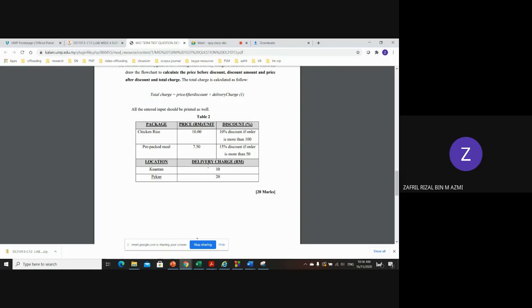Only one symbol is required for location. The rest is similar, the rest is how to calculate the price for the menu. For the meal it is similar. You just add one more symbol for the location.